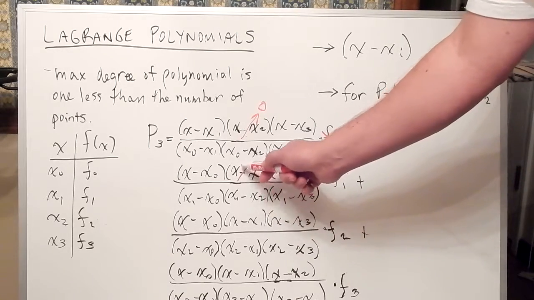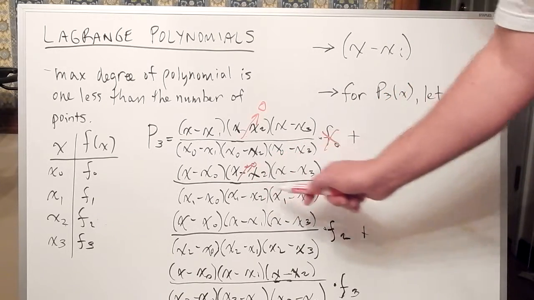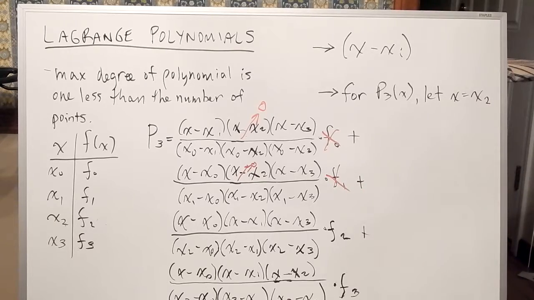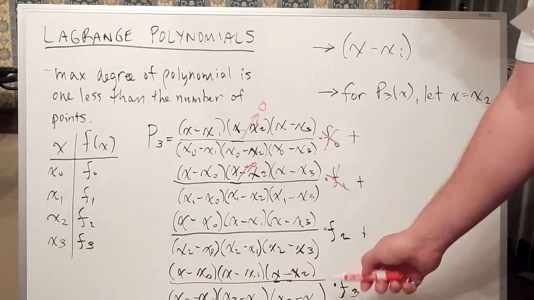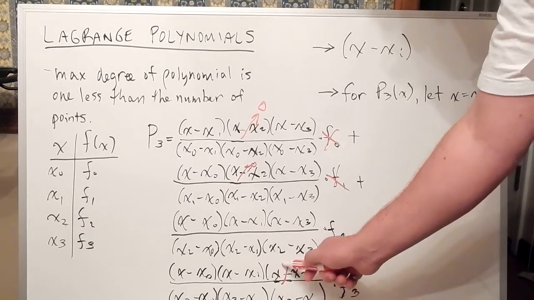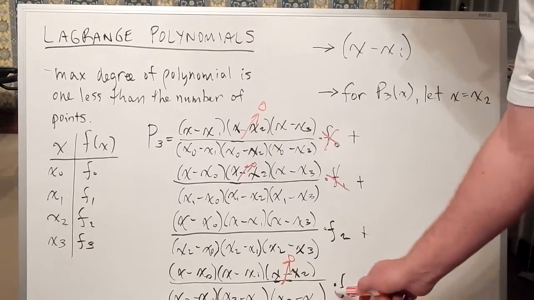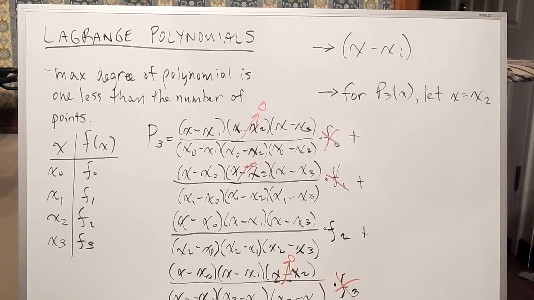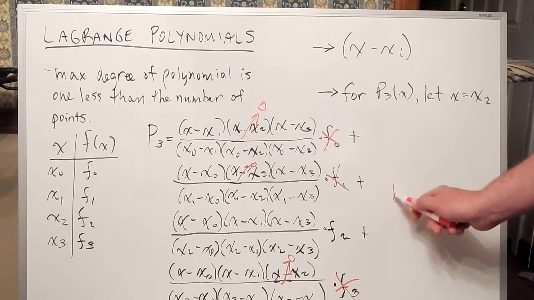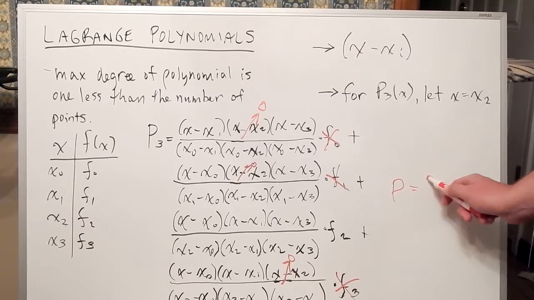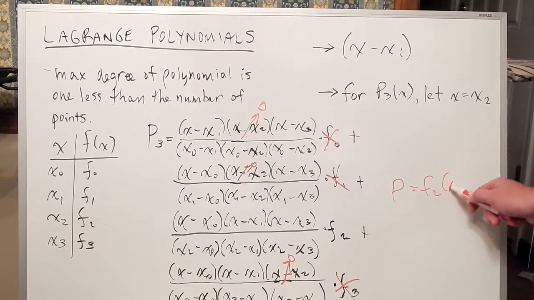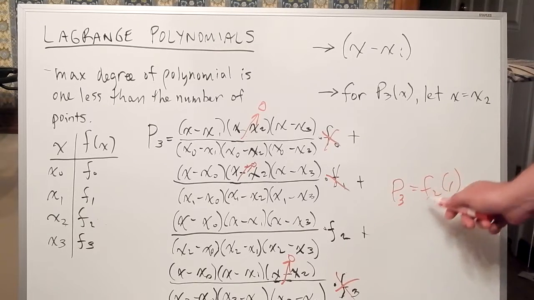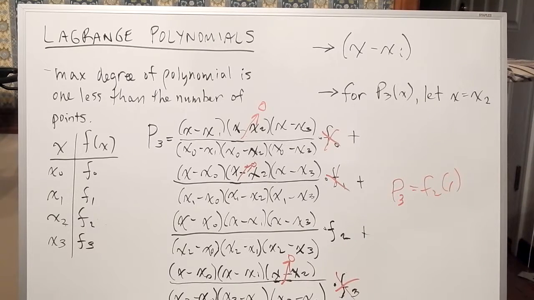If x equals x2, this term goes to 0, so the second term is 0. And if x equals x2, this term goes to 0, so the f3 term is 0. So what we end up with is our polynomial equals f2 times 1. And so our third degree polynomial equals f2.